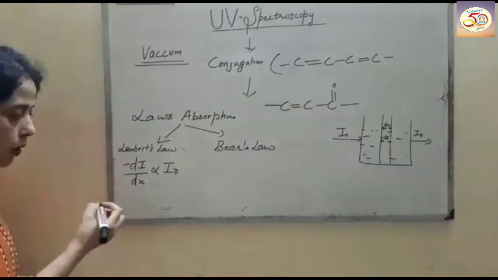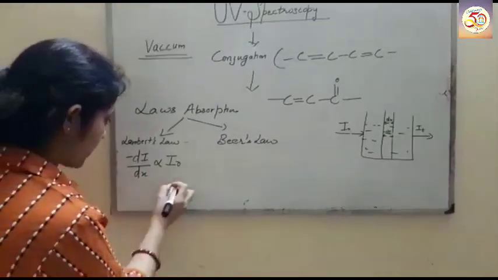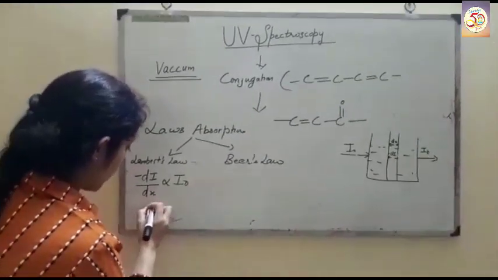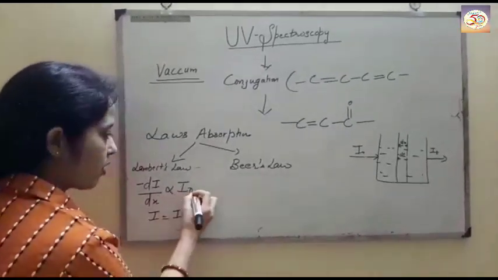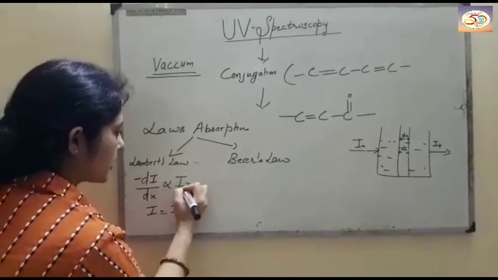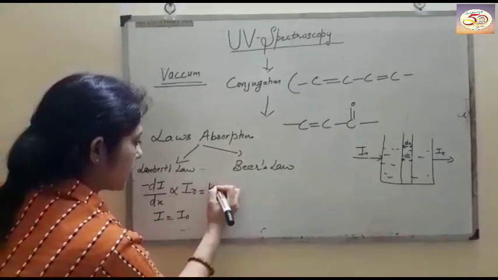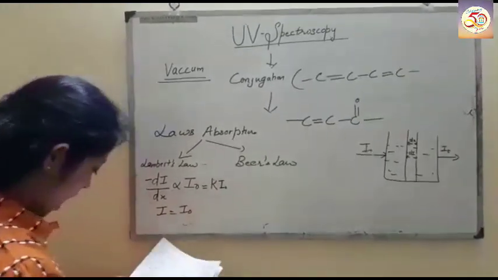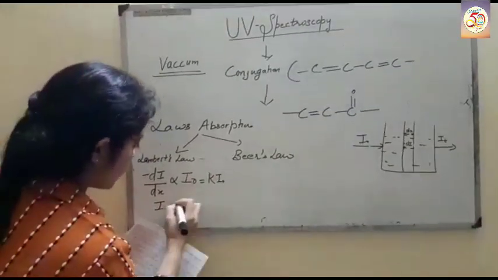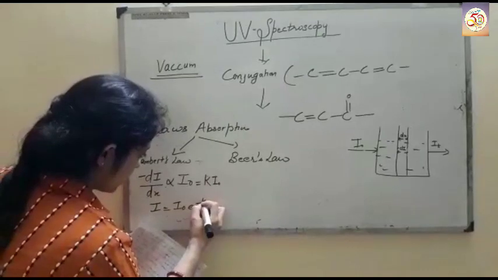Not going into the derivation, I directly write the expression. This is the differential format; the proportionality constant is written as K, giving -dI/dx = K I naught. The integral format is I equals I naught e to the power minus Kx.